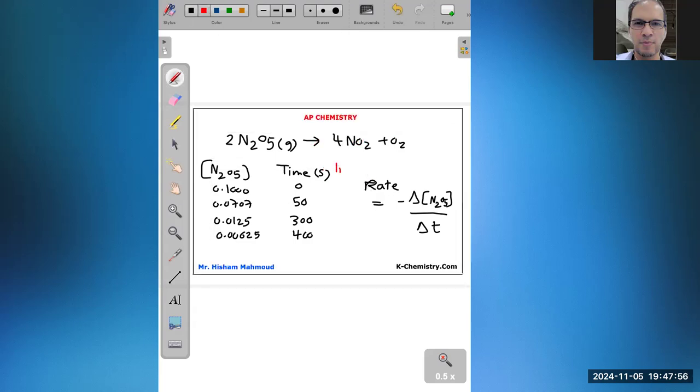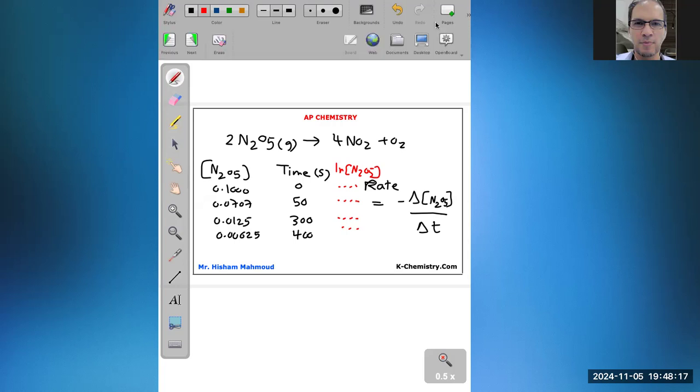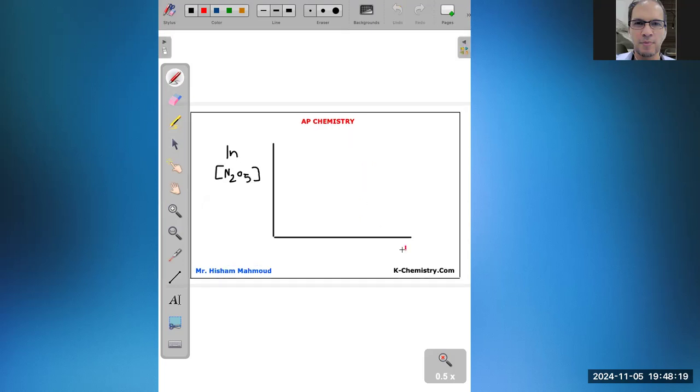Also calculate the ln of the concentration, just the natural log of the concentration. So write here the ln of the concentration, calculate it for each value. Then make the graph between only the ln and the time. You will see that this is a straight line.